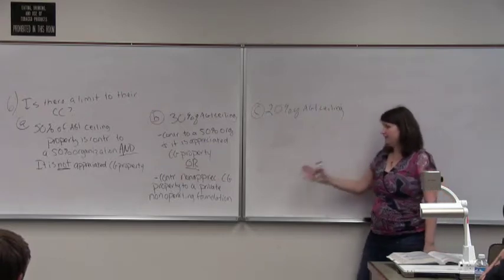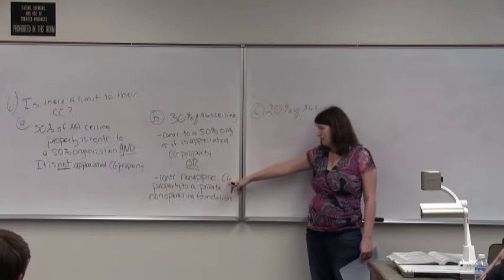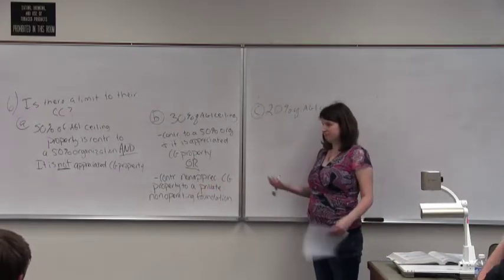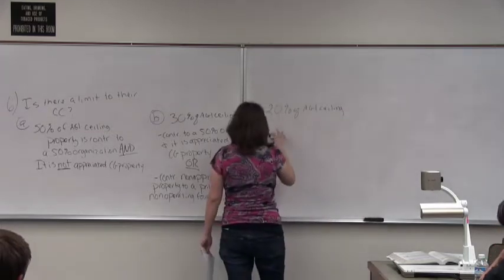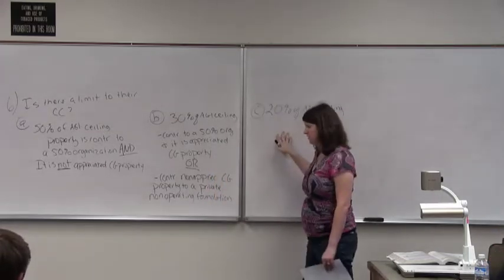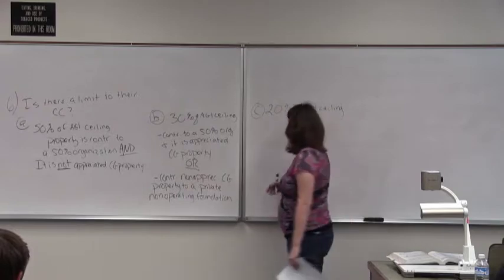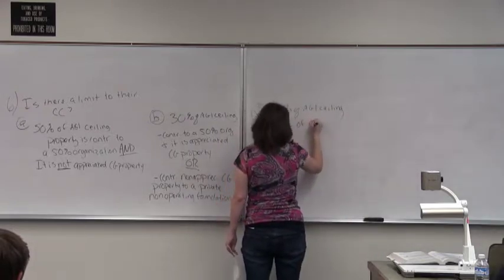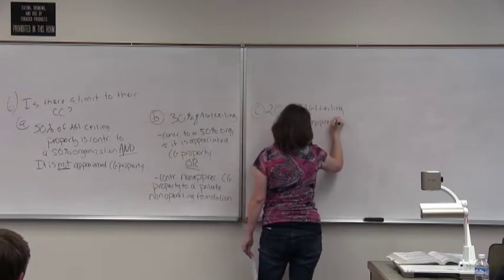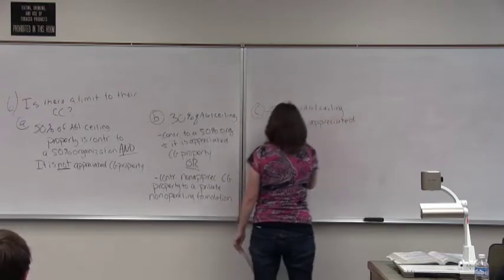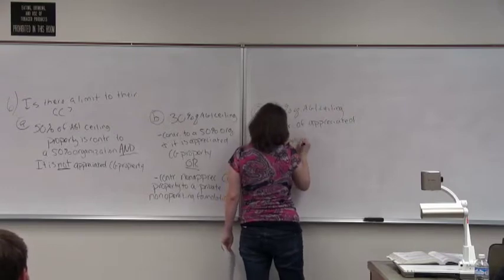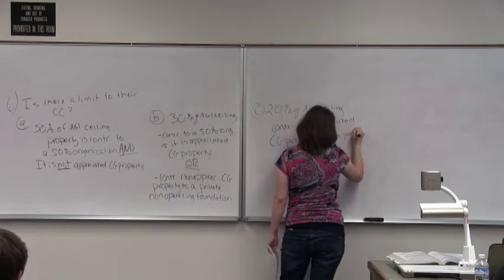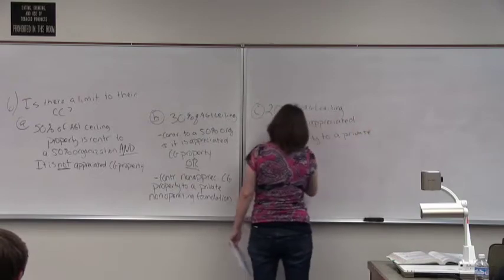If it is appreciated capital gain property contributed to a private non-operating foundation. So 20% only covers one situation. Basically this one. It is a contribution of appreciated capital gain property to a private non-operating foundation.